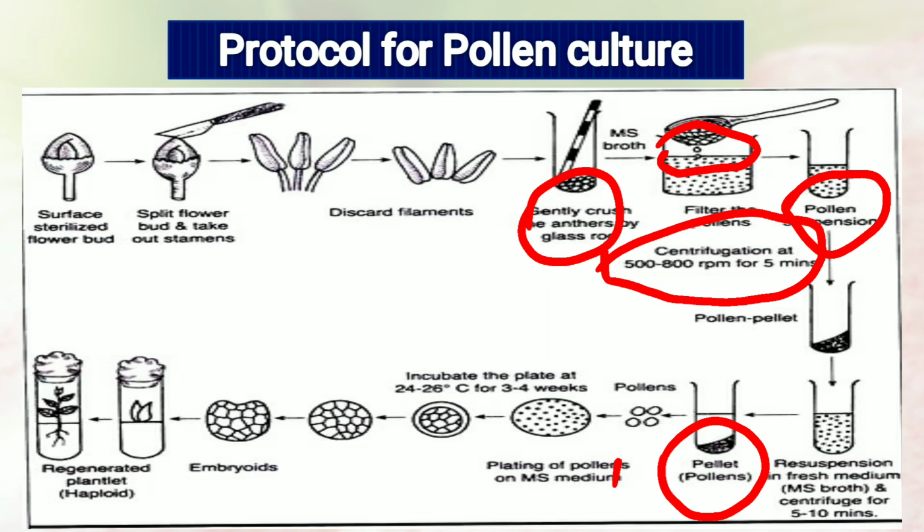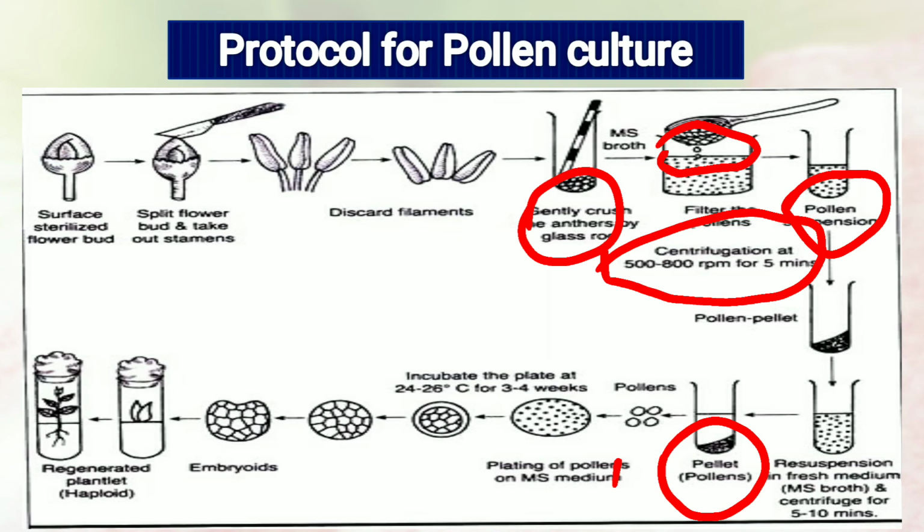Then these petri dishes are incubated at 27 to 30 degrees centigrade under low intensity white cool light, meaning 500 lux, for 16 hours. Young embryos can be observed after 30 days.